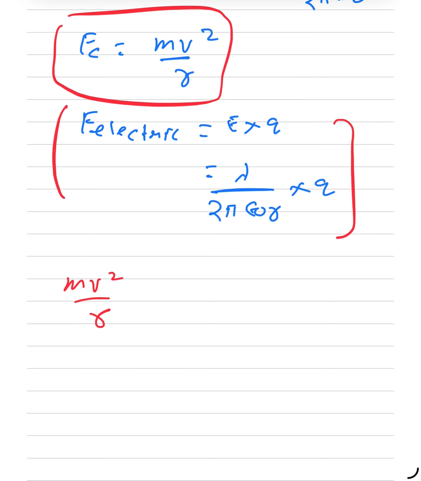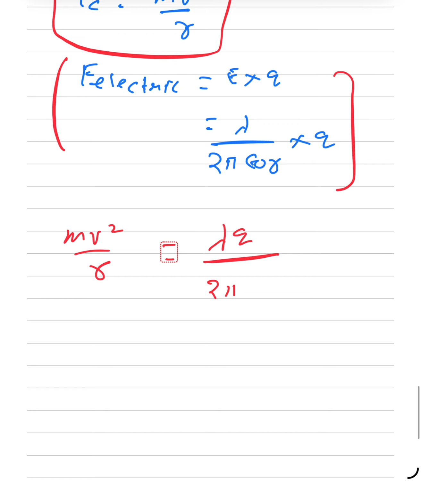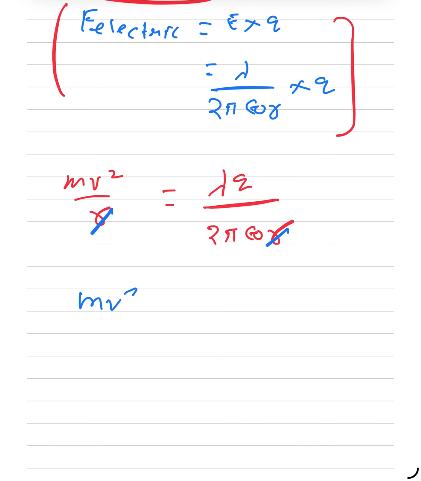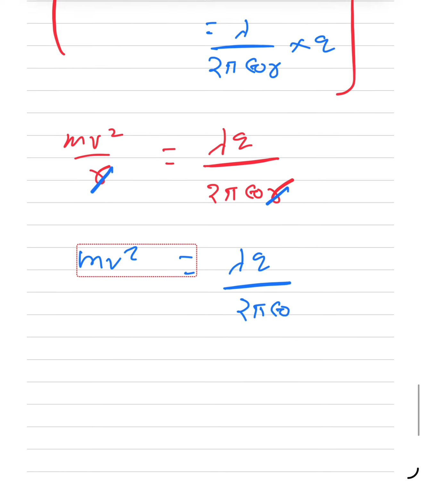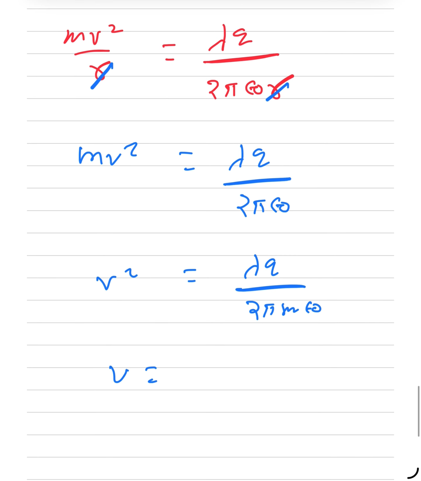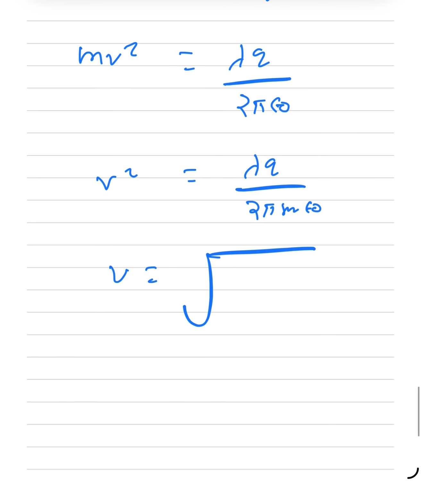So m v square divided by r equals lambda q divided by 2 pi epsilon naught r, and r cancels out. Then m v square equals lambda q divided by 2 pi epsilon naught, v square equals lambda q divided by 2 pi m epsilon naught, and v equals square root of lambda q divided by 2 pi m epsilon naught.